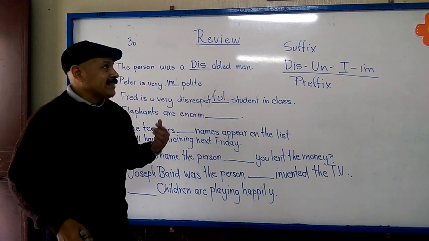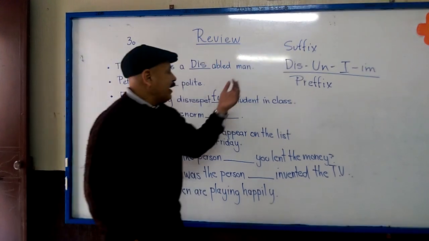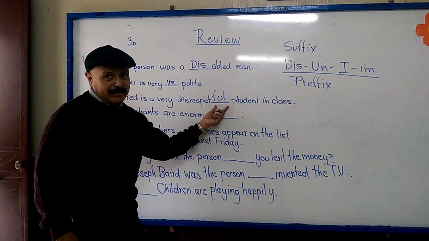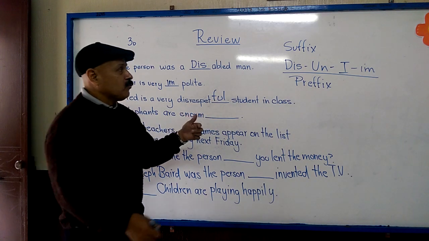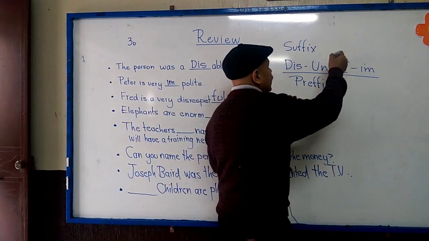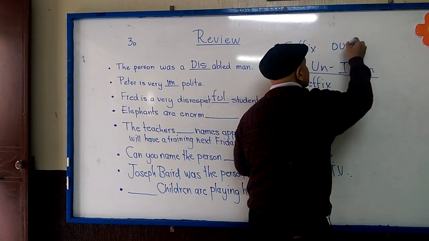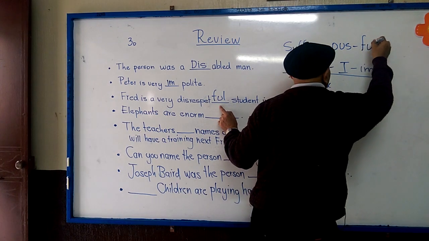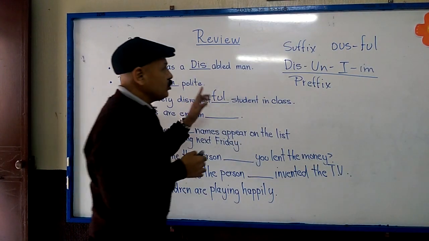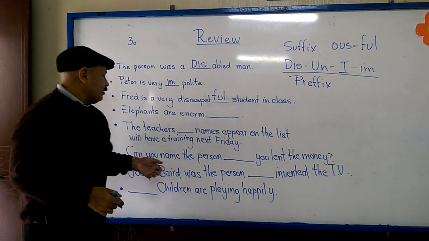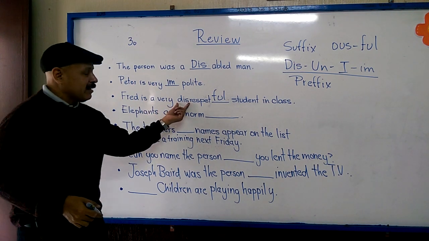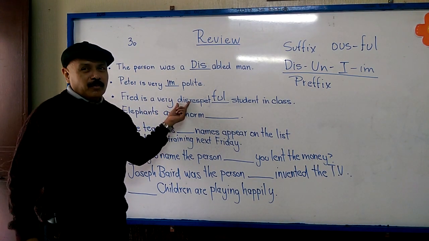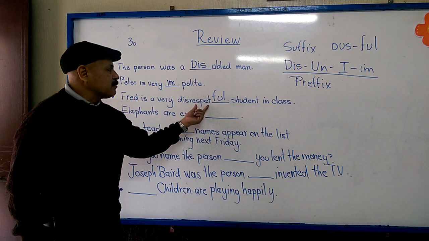Como pueden ver, este es un sufijo porque va al final de la palabra. Entonces, hay varios sufijos, entre ellos podríamos tener ous, este que tenemos aquí, ful. Son sufijos porque van al final. Entonces, Fred is a very disrespectful, aquí podemos ver un prefijo también, dis.